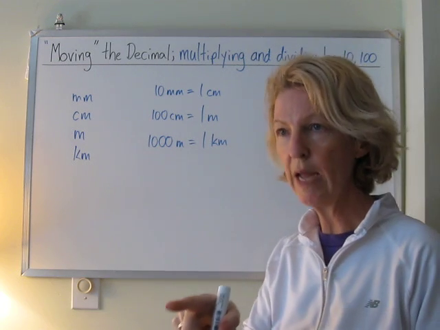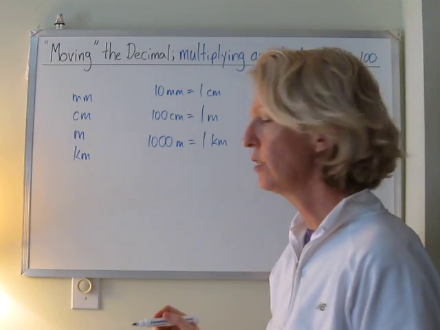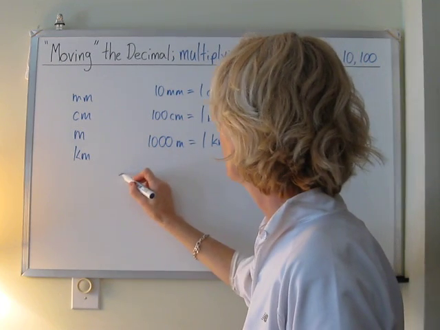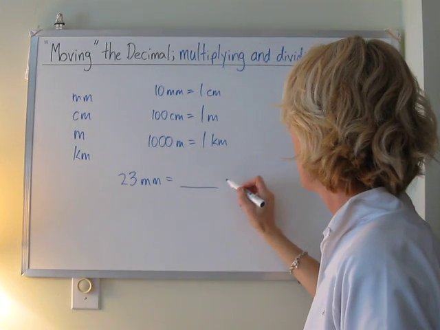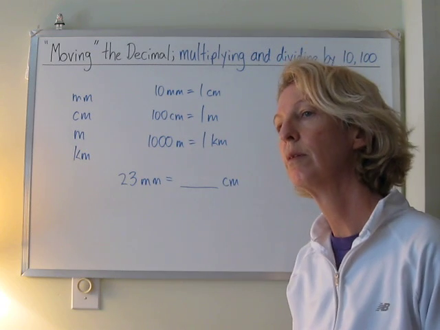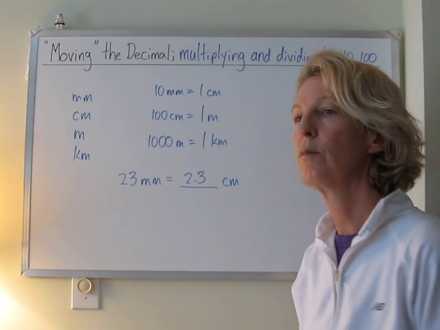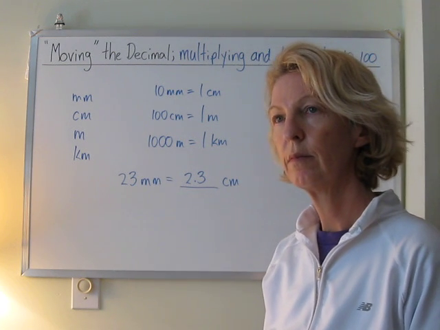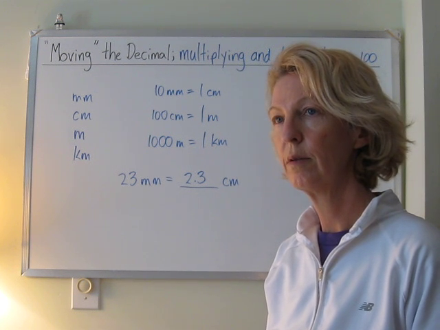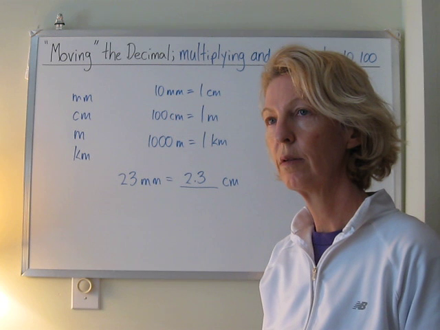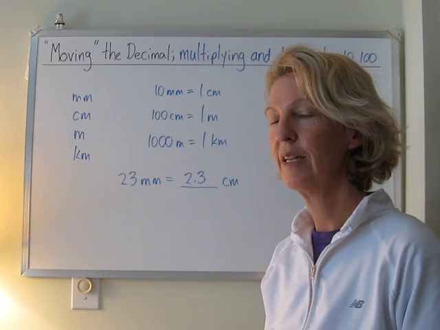Now say you had conversion homework a little while ago. Remember that, honey? Now, you had to convert something like 23 millimeters equals how many centimeters? 2.3. And how did you get that answer, honey? Well, 10 millimeters is 1 centimeter. So the 20 would count as 2 centimeters, and then the 3 would count for 0.3.